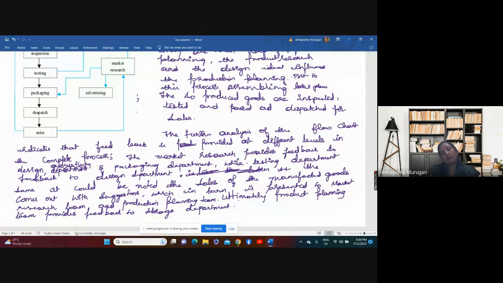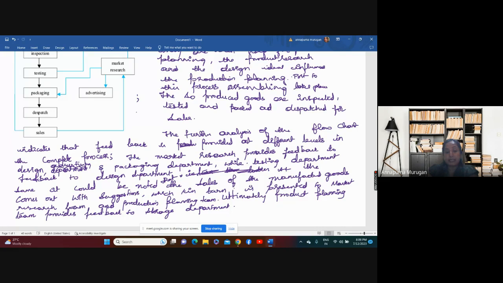At the same time, it could be noted that the sales of the manufactured goods comes out with suggestions, which in turn is presented to market research team and production planning team respectively.